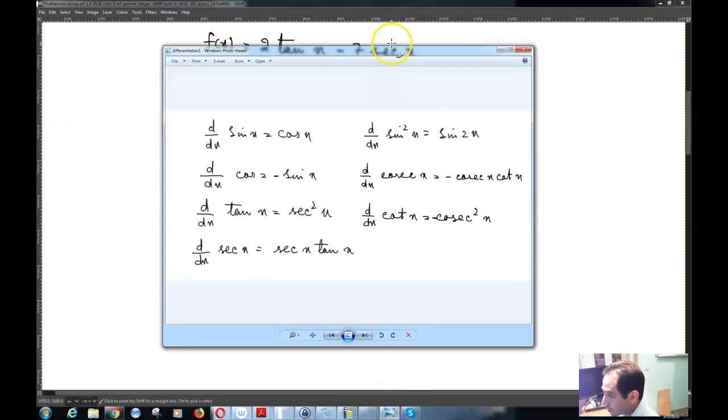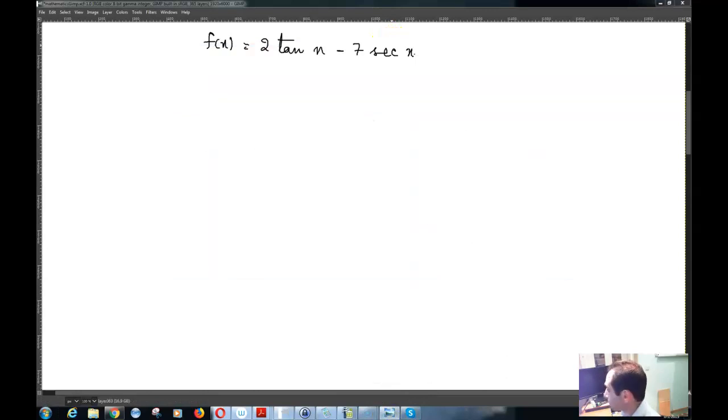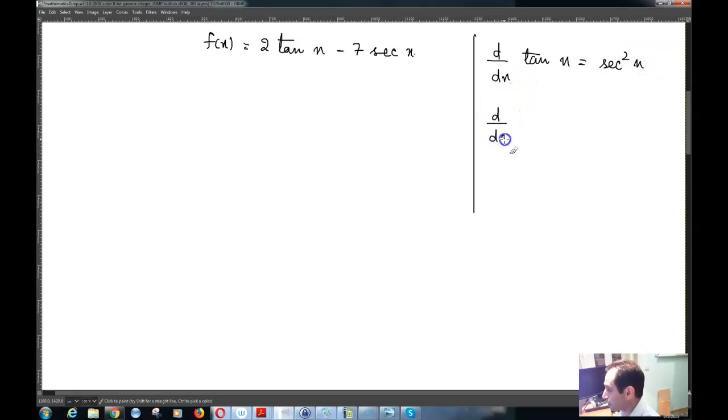Now basically we said that d by dx of tan x is equal to secant squared x, or d by dx of secant x is equal to secant x tan x.